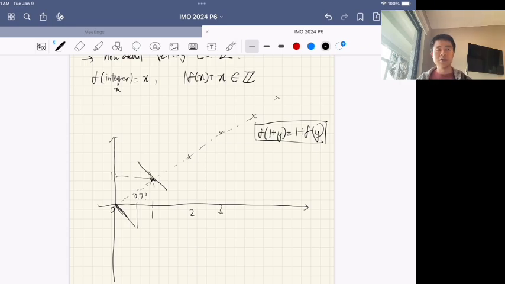Again, we did not show that this function has to be continuous, but just for the sake of construction and making things easy, we need to have some jumps over here, and if this is 0.7, this had better be 1.7, and then you have some jumps over here. So you end up having something like this.